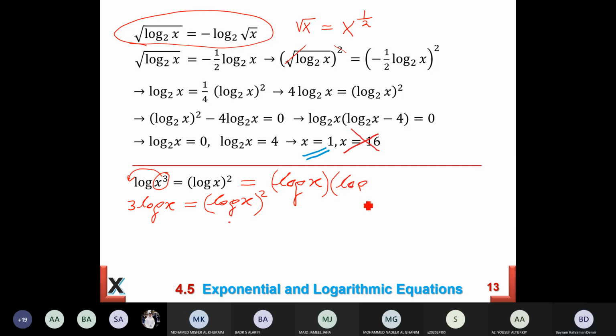That's all we can do. There is no other property. Please make sure that you are memorizing the properties.